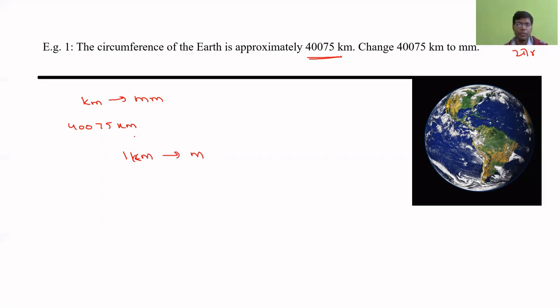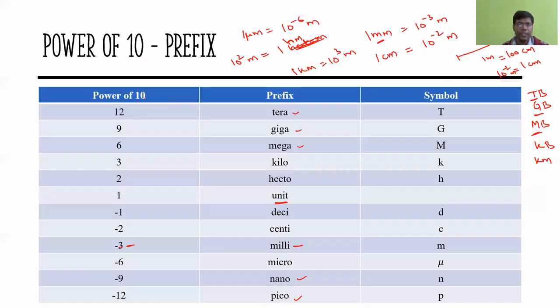Whenever we have to change kilometers to millimeters, if you go back to the previous table, kilo is above the unit, which is 1. Kilo is above and milli is below. So whenever you have to change the below one to the above one, I would suggest you first change the particular unit to the unit, and then from there go to the kilo.